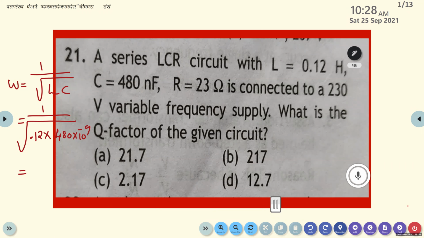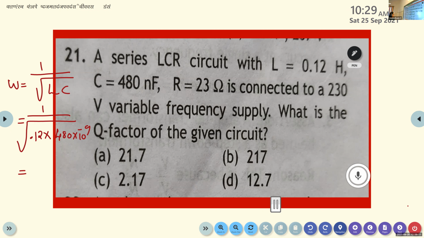Aditya, what about your value? Ma'am, I got 1 by root 576 into 10 raised to minus 2. Okay. So you need to find out the square root. Adul, I got 10 raised to 5 by 24.